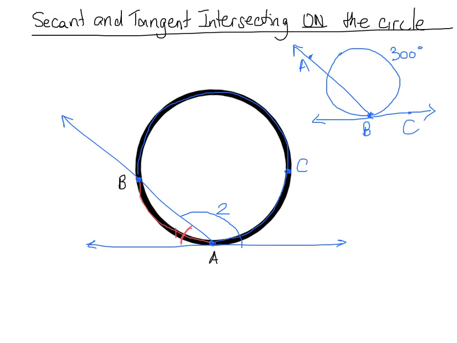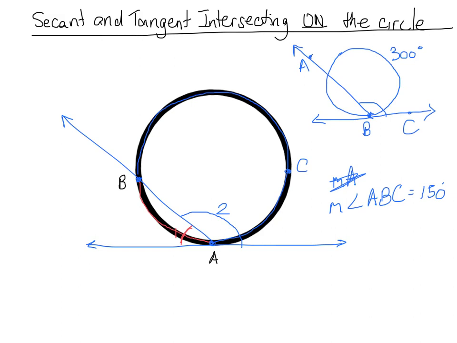Well, that would be half the measure of the intercepted arc. So the measure of angle ABC would be equal to 150 degrees, because it is half the measure of the intercepted arc.